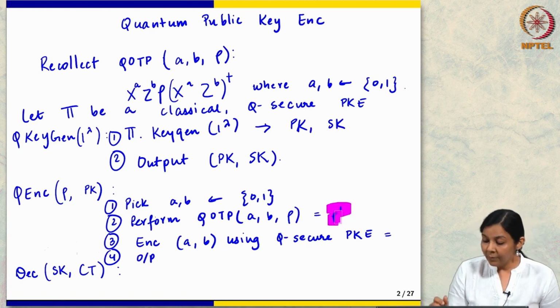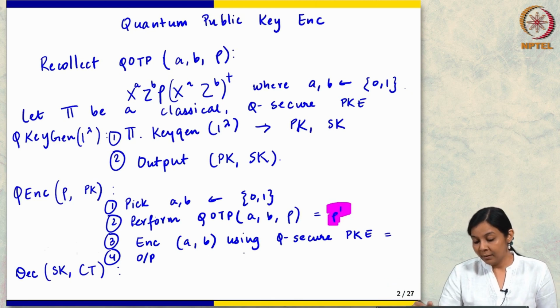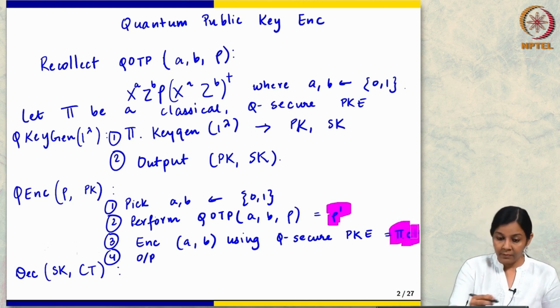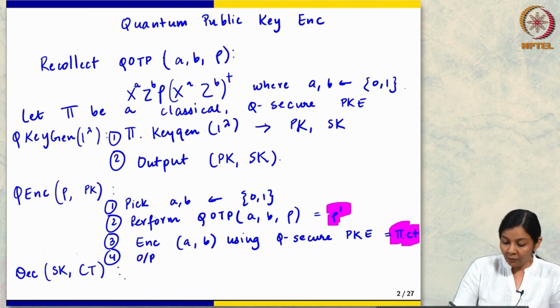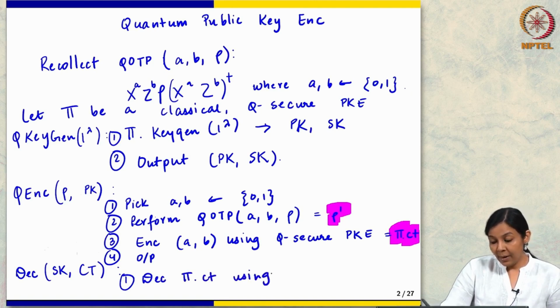Okay, so this OTP part I am calling rho prime, and I will just call this pi dot CT, to illustrate that this is just a classical ciphertext. So, now what should I do? Well, obviously I would decrypt pi dot CT using pi dot SK.